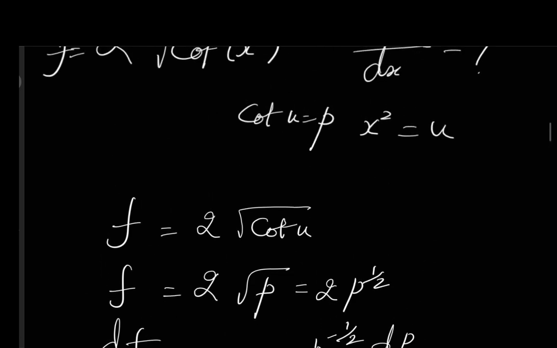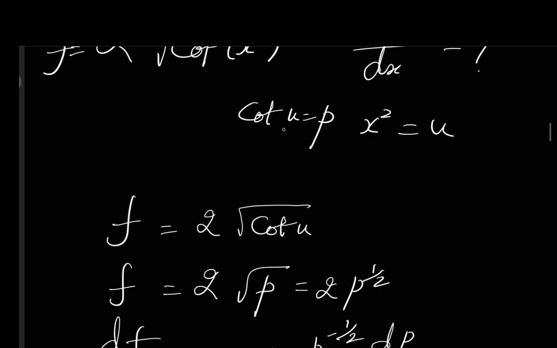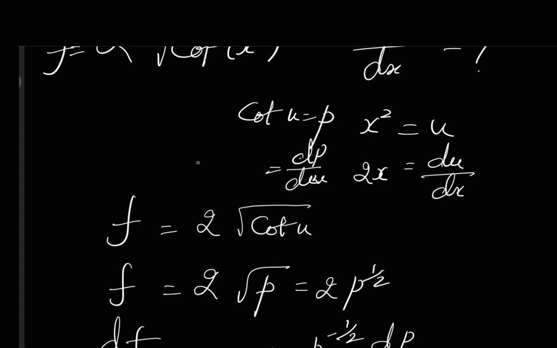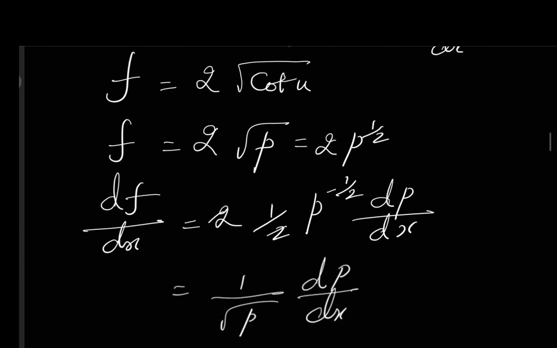So what is p here? P is a function of u, but u is a function of x. So here I can find du by dx is 2x. And what is dp by du? dp by du, cot u is minus cosecant squared u. See, you have to be thorough with the formula. Derivative of the cot function is minus cosecant squared u.